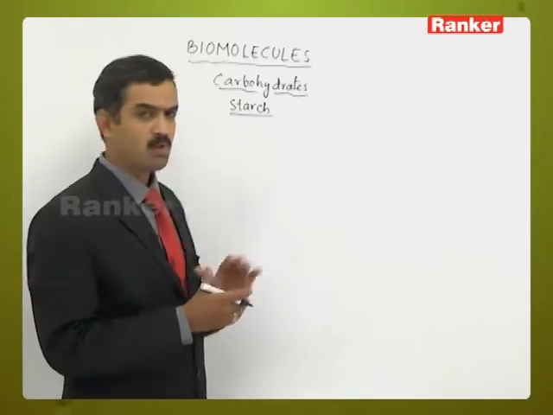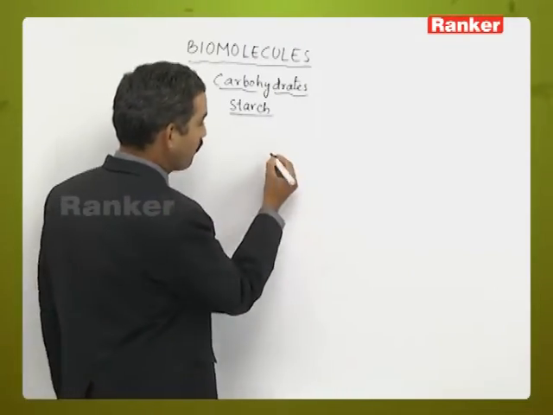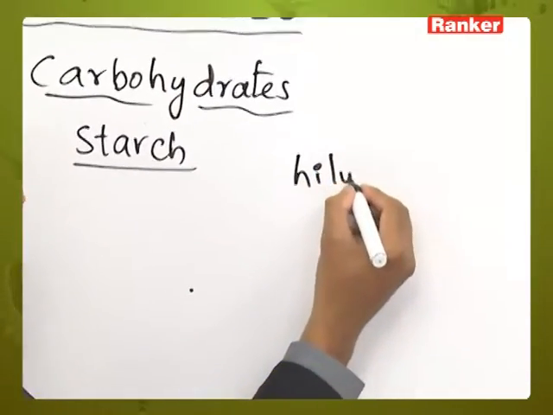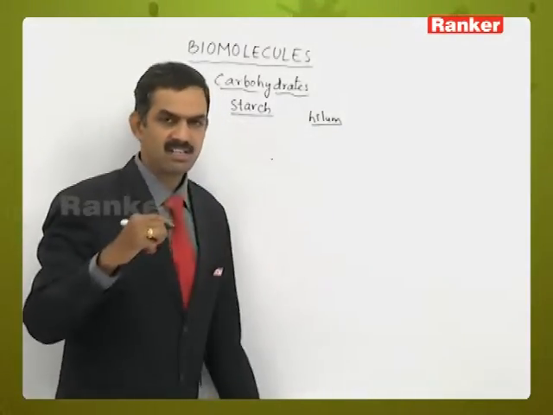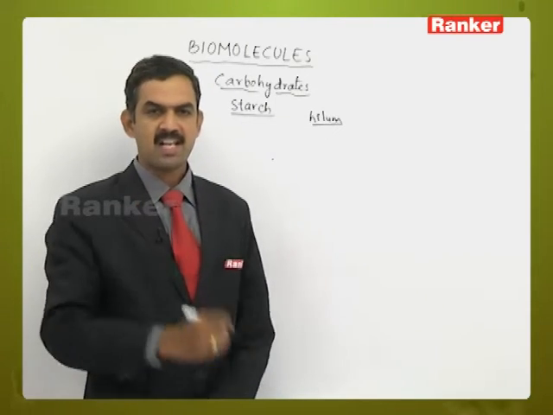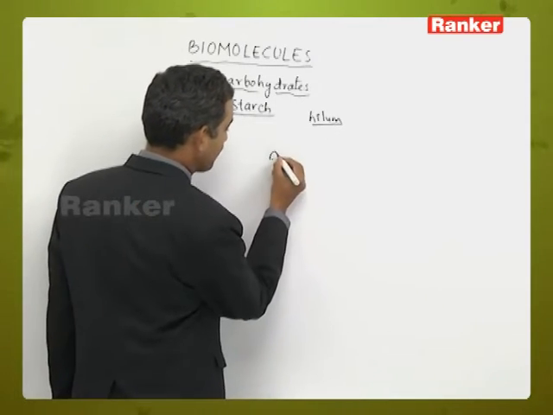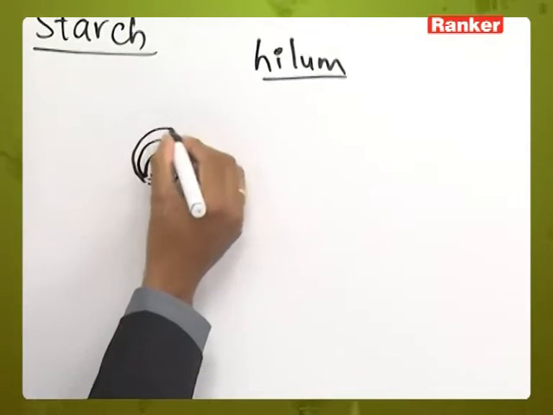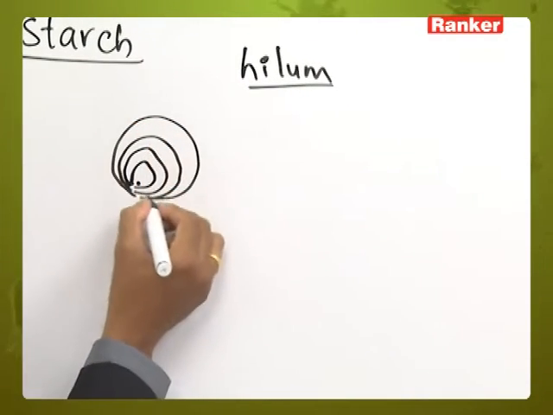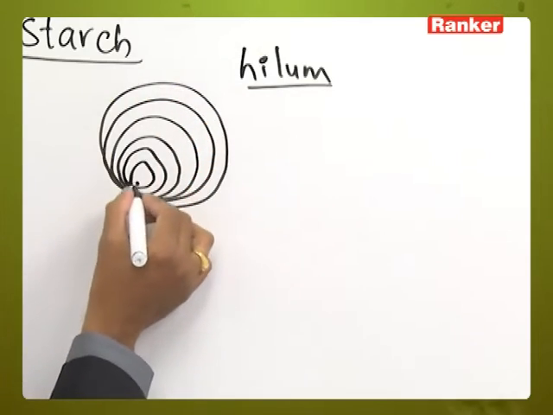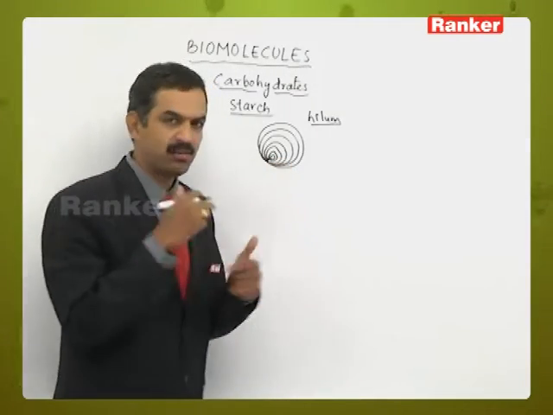When the starch is forming into different shapes, they are formed around a central point. That central point is called the hilum. Around the central point, concentric layers of starch will be formed. These types of structures are produced because of the layering of the starch.